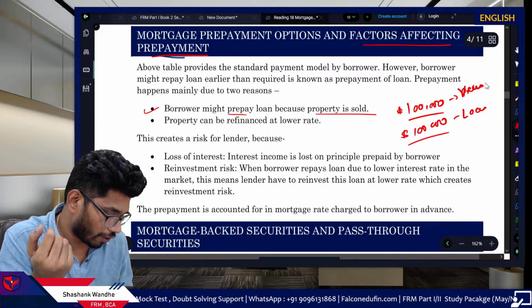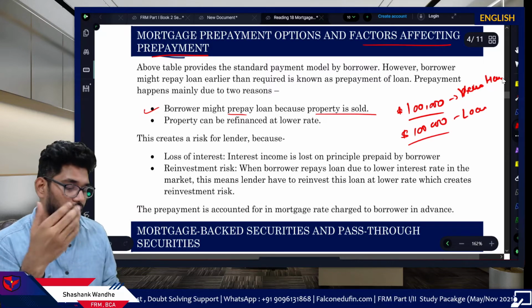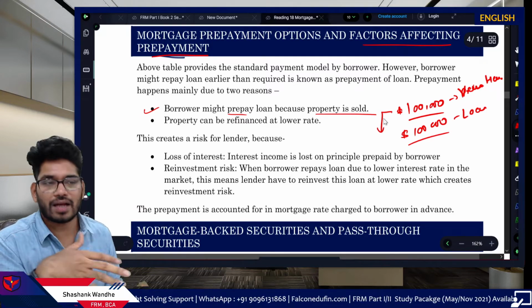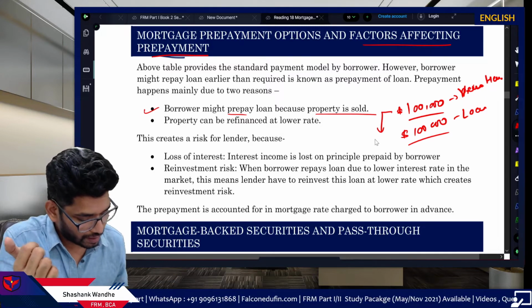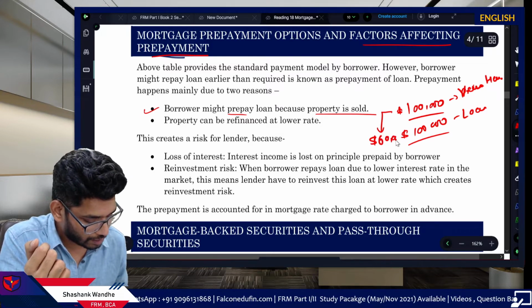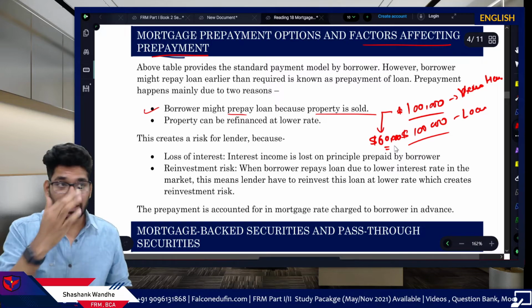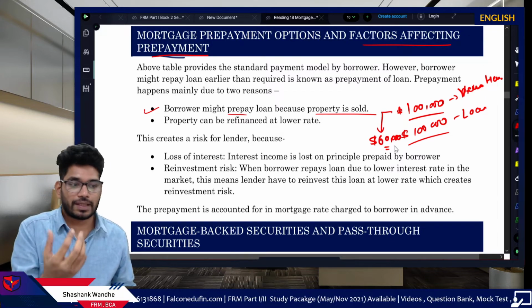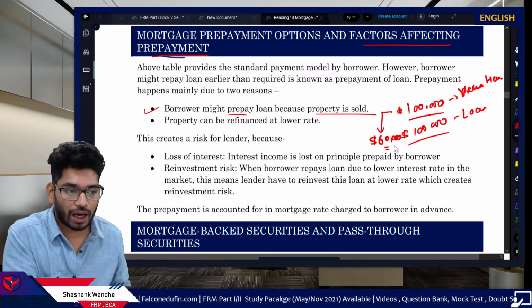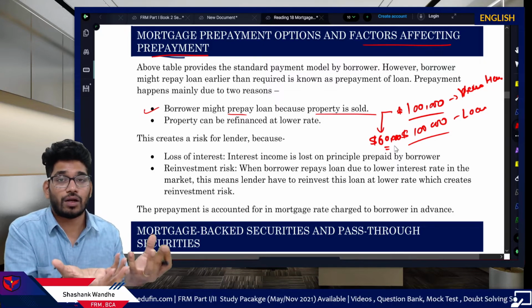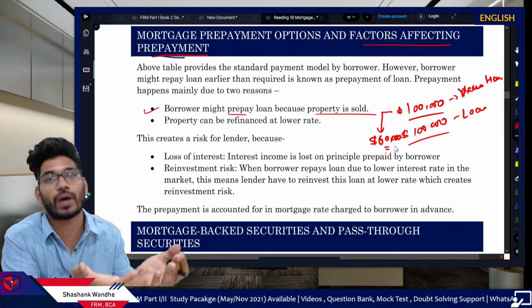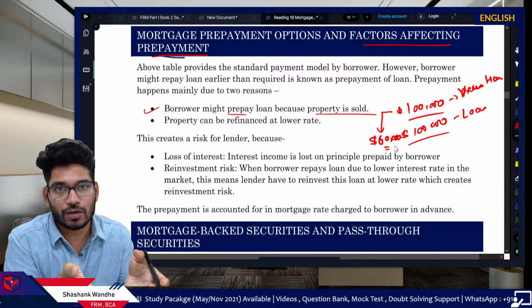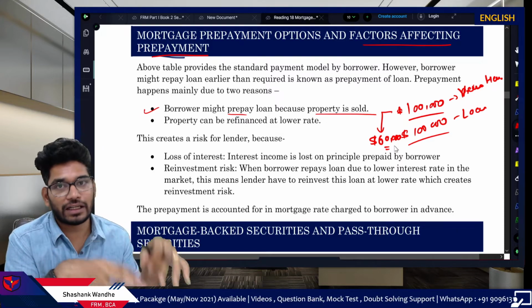Now say something happened in that area, and now the price of this house is $60,000. So the problem for the homeowner is that the current value of the house is 60,000 and the loan is 1 lakh. It is not worth paying 1 lakh for a 60,000 house, right? So generally he will default.